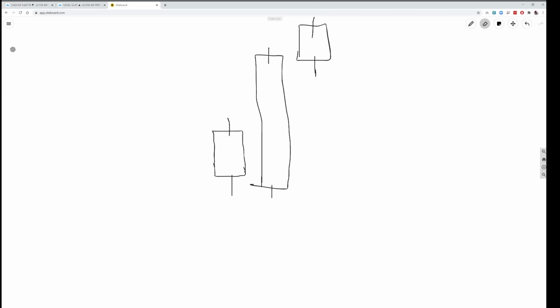So I use imbalance to determine strong money in the market, big money in the market. So between, this is an up candle, right, and we have this.